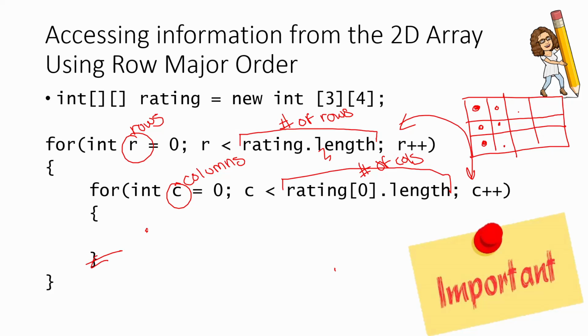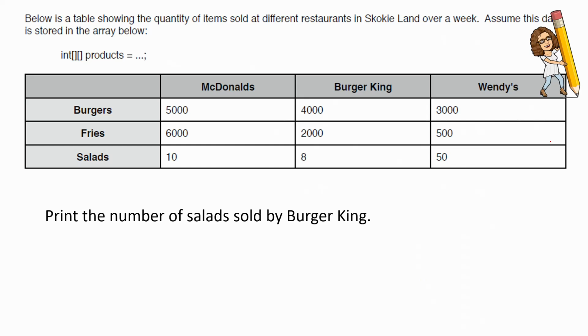But column major order does exist. There are other random versions too. There's a snaking one where you can snake from like this. That exists as well. But the most common one is row major order, which you go through rows and then go through columns.